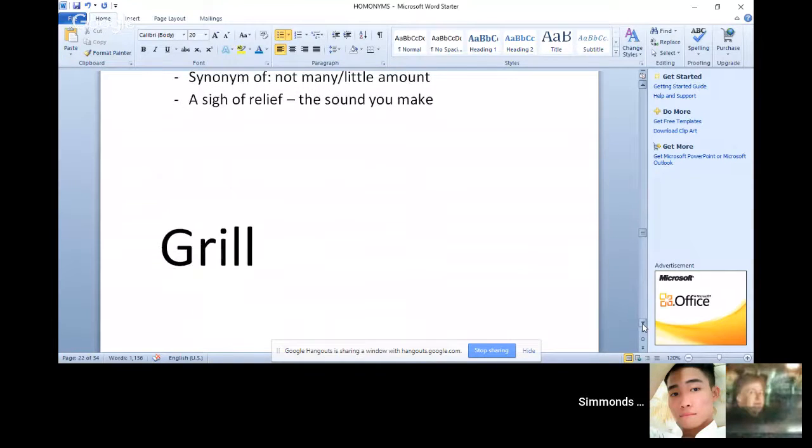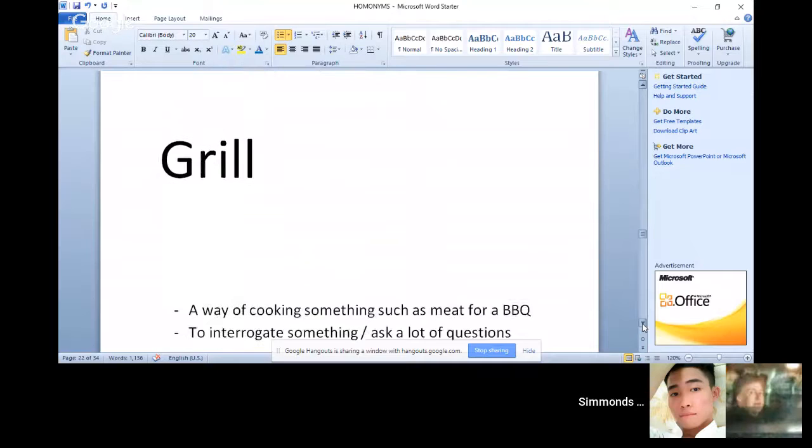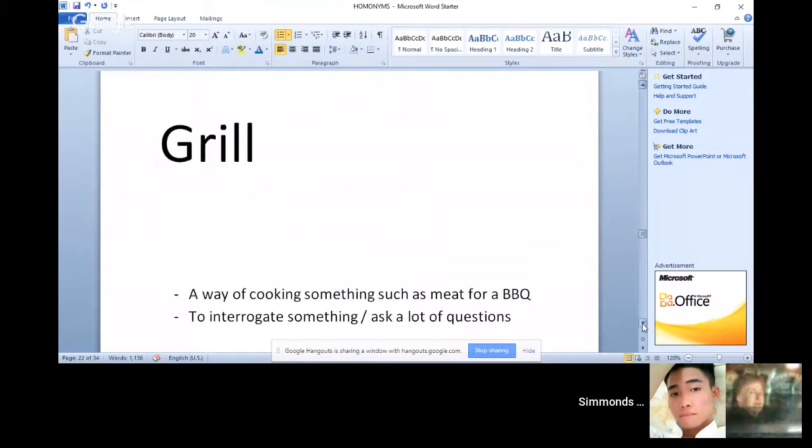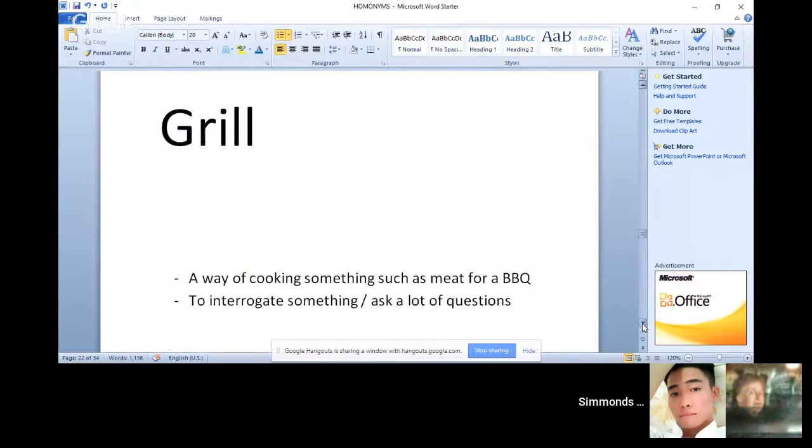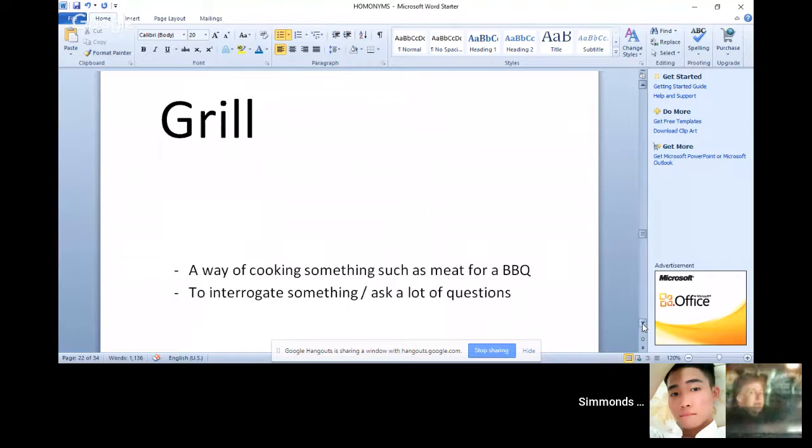Uh-oh. Grill. Okay, of course. So this actually probably isn't a homonym if it's not spelled differently. Why did I do this? Well, anyway, it's here. So this would be a homophone. We have a homophone that got in here. I was not thinking clearly.